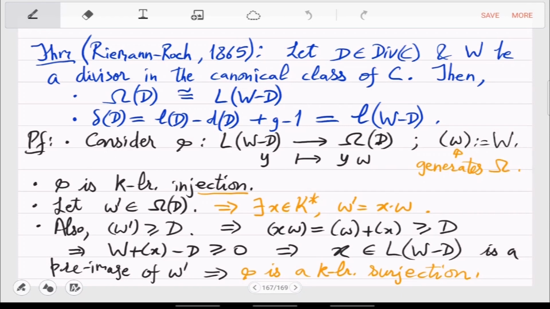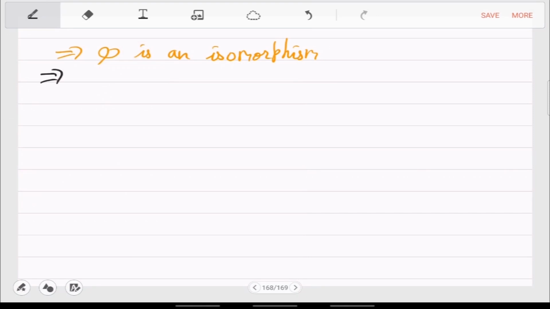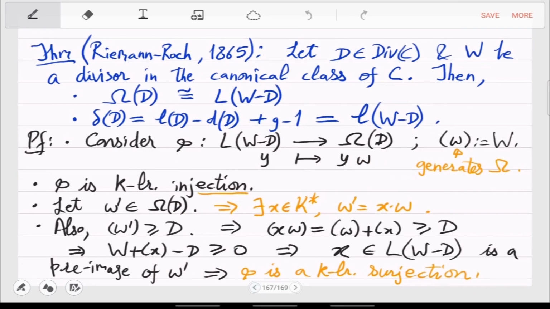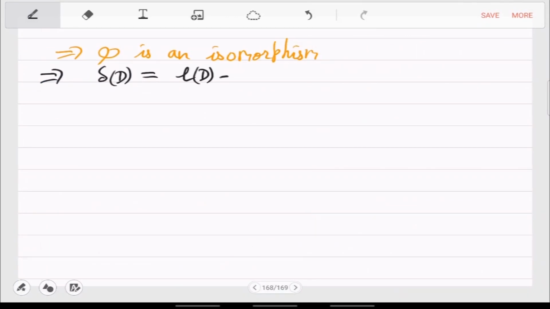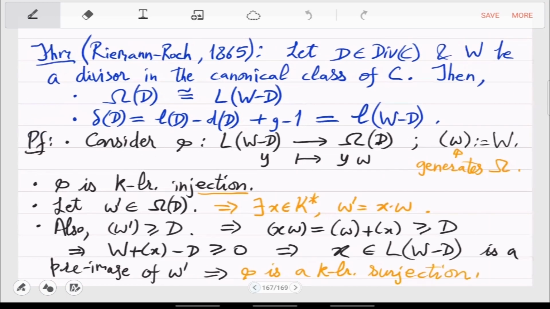So with x omega equal to omega plus x, you actually get a pre-image, and then it's an isomorphism, and second thing follows. So delta D is equal to G minus 1.